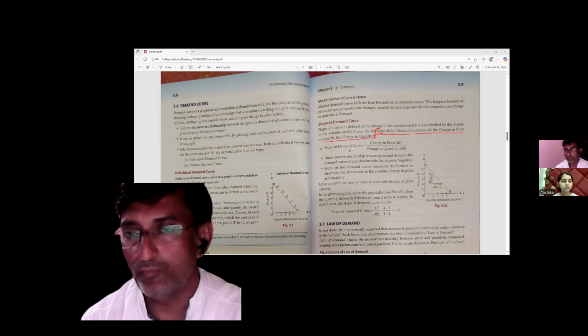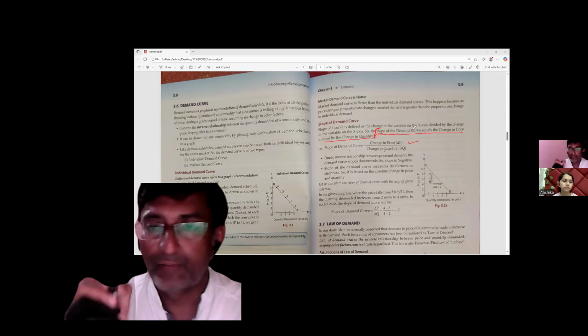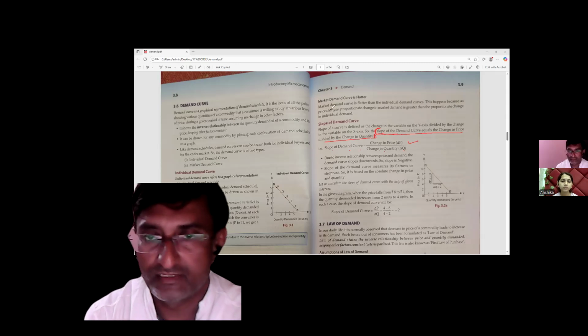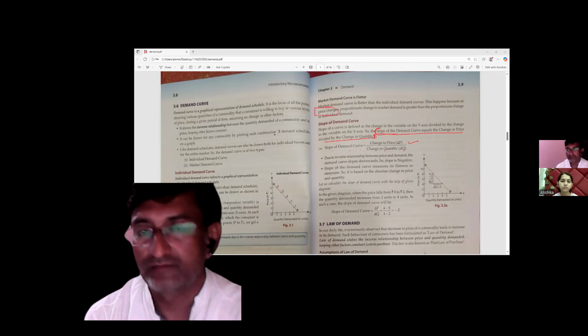What is the reason behind the changes in price and quantity? Because of the change in the price.